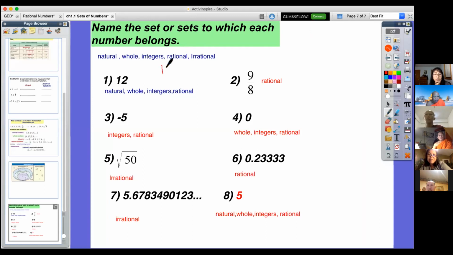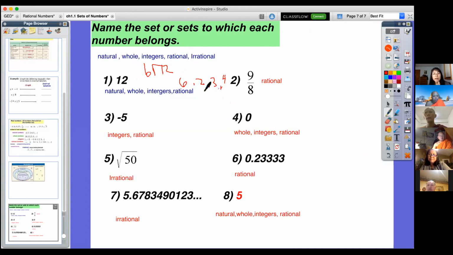Can 12 be divided by 6? Yeah. 6 goes into 12, 2 goes into 12, 3 goes into 12. So 12 is not a prime. It can be divided by 4 too. Oh, yeah, 4.